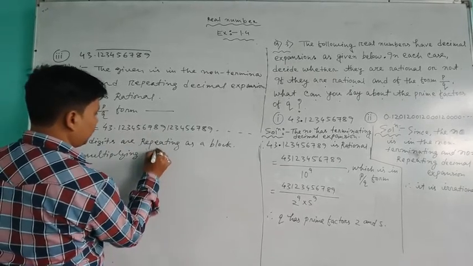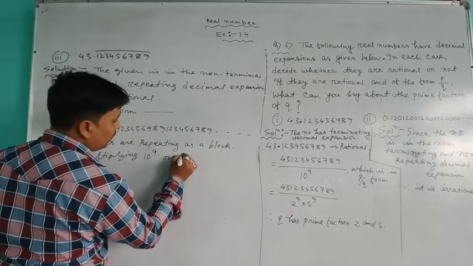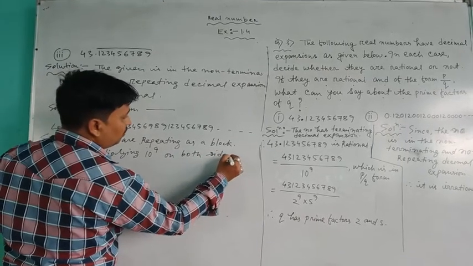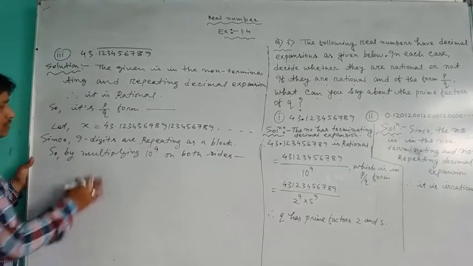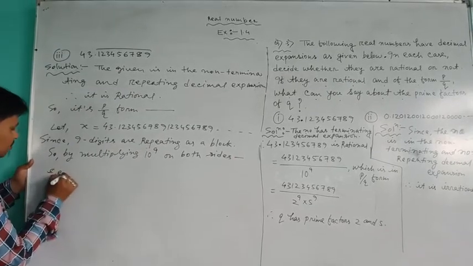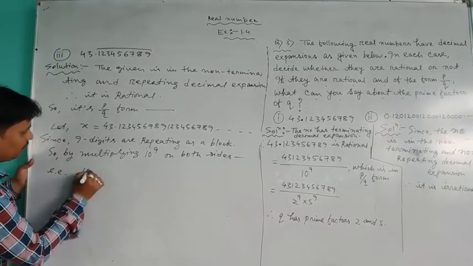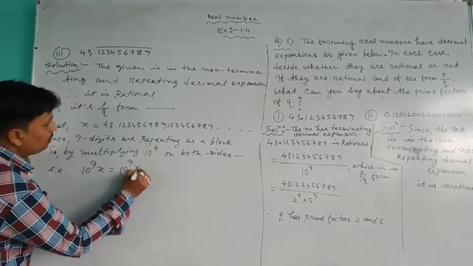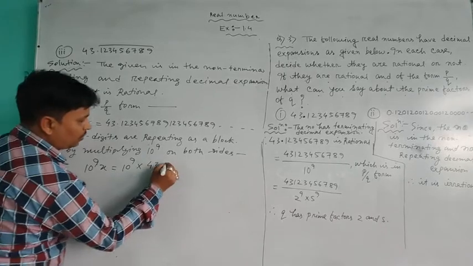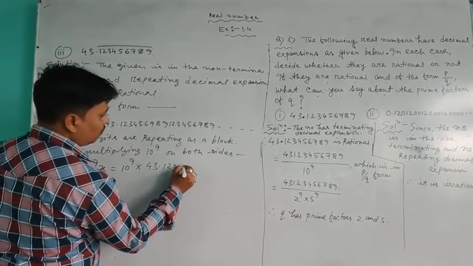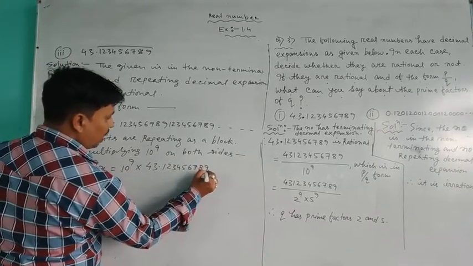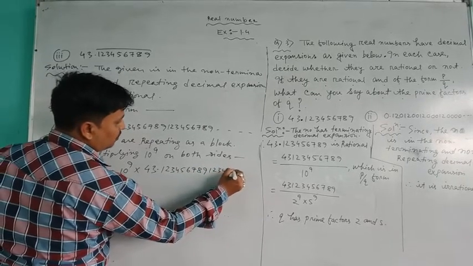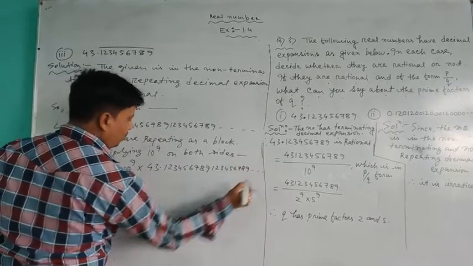So we have to multiply 10 to the power 9 on both sides. Now write down the mathematical expression: 10 to the power 9 into x equal to 10 to the power 9 into 43.123456789, again 1 2 3 4 5 6 7 8 9 repeating.